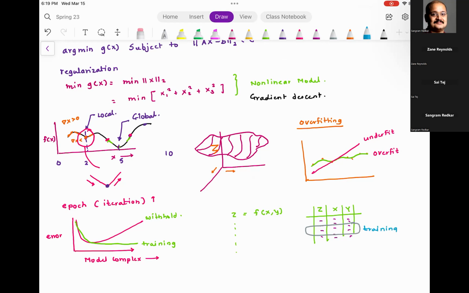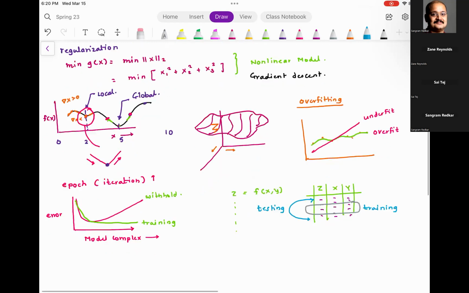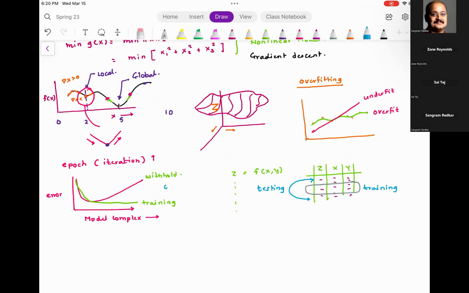So I'm going to find out my curve fit or my regression on this training data set. And then I'm going to test this equation on the withheld data set. So this will be like testing. So if I were to have an overfitting problem, the withheld data error will continuously increase. On the other hand, this is for overfit.